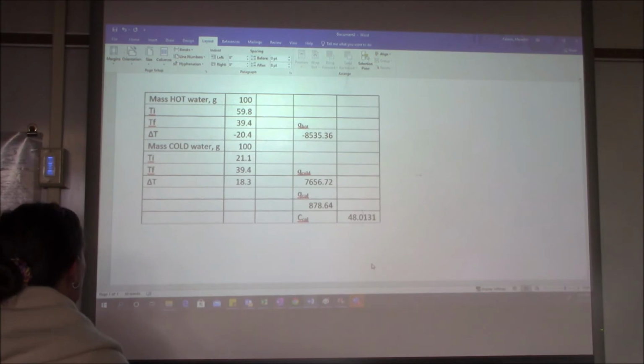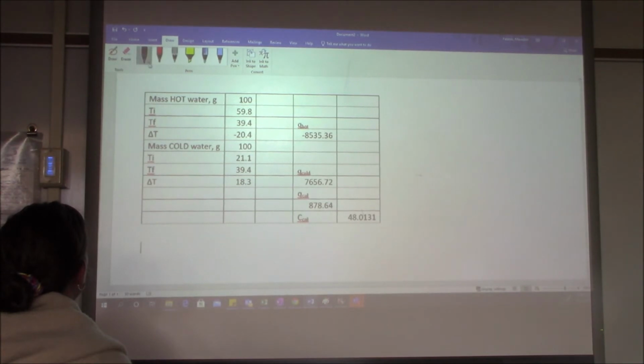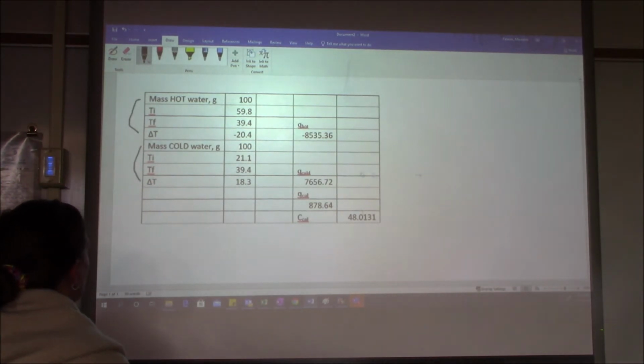So if you look here on the left, what I have is my data. I have my data for hot water here. I have my data for cold water here. Okay?